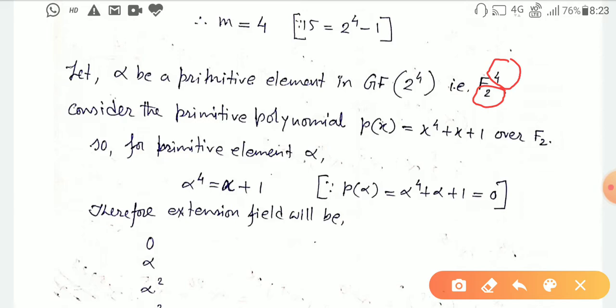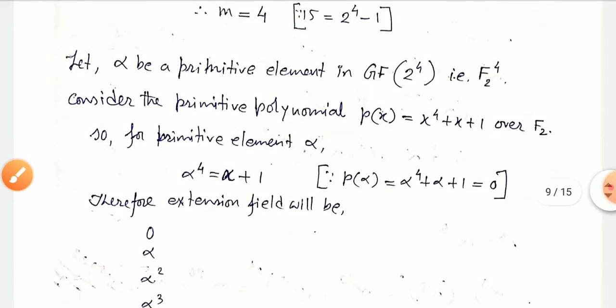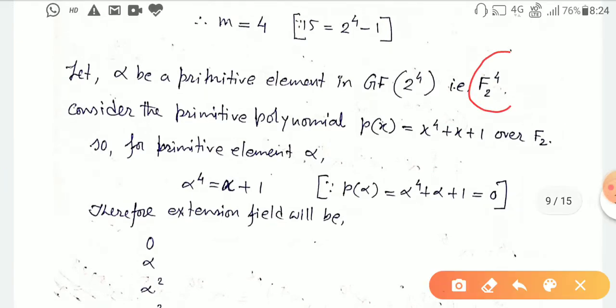Again, I repeat: F with subscript 2 is written because this is a binary BCH code, and for binary, the mod operation is done by 2. The superscript is 4 because you already calculated m equal to 4, so the degree for the field will be 4, and for this reason it is written as F_2^4 or Galois field 2 to the power of 4.